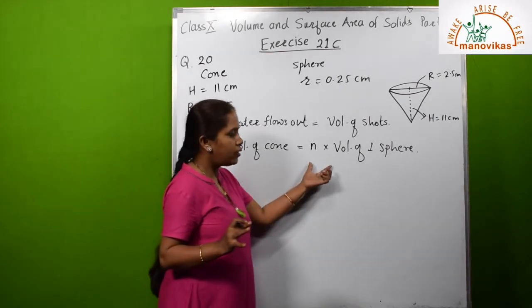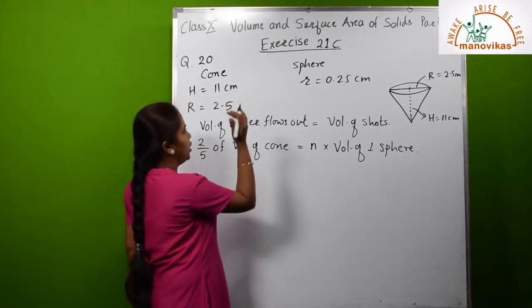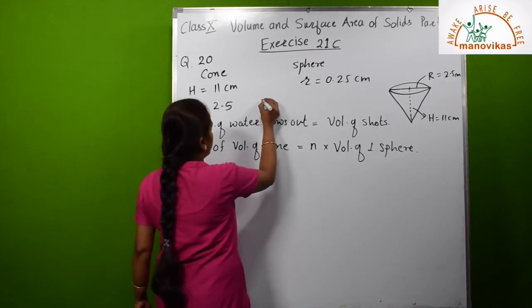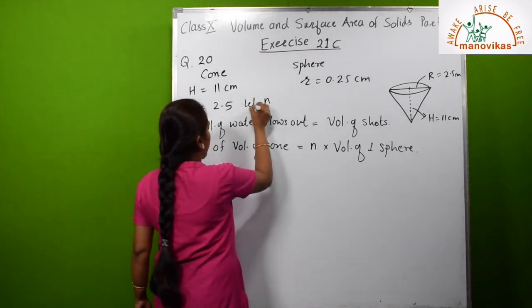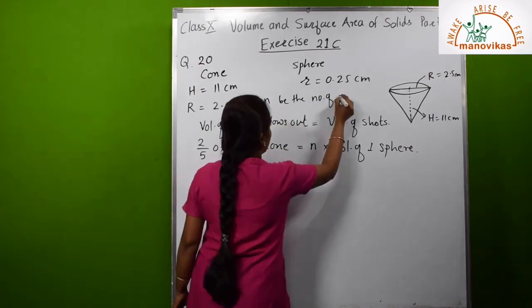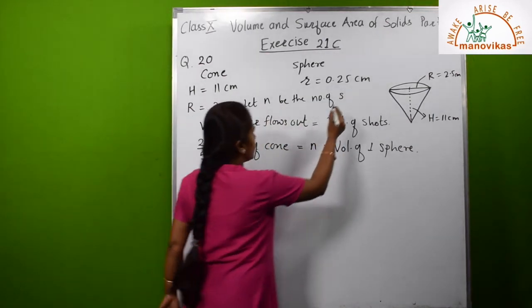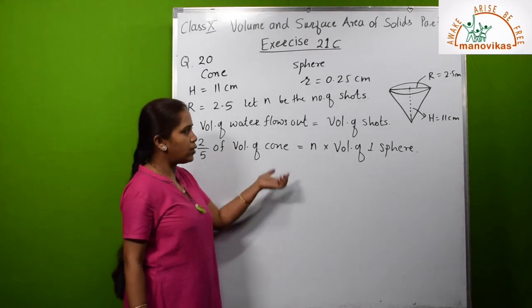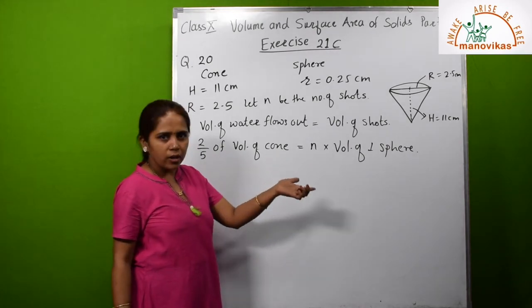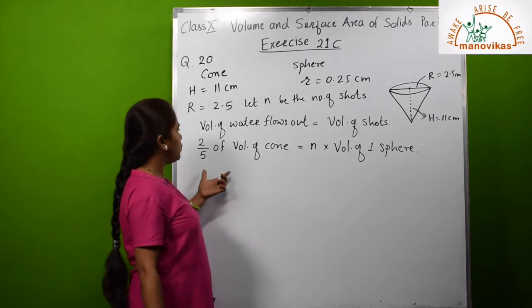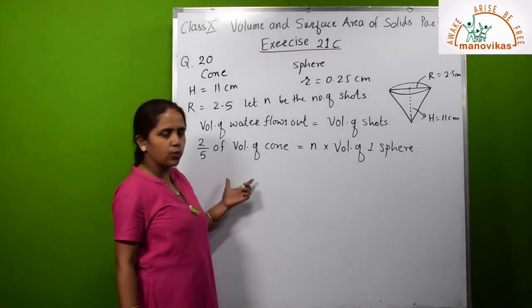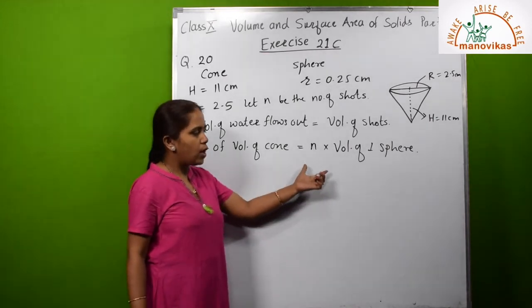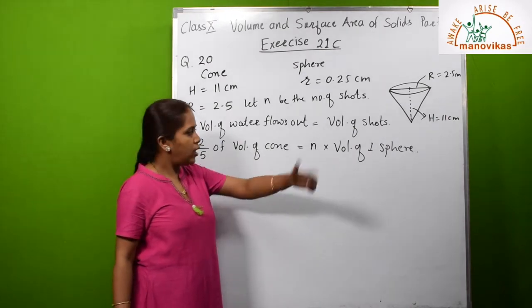So initially you write, suppose there are n, let n be the number of spherical shots, then the volume of water that flows out is nothing but the volume of that number of shots. Then 2/5 water flows out, so 2/5 of volume of a cone is equal to n into volume of one sphere.